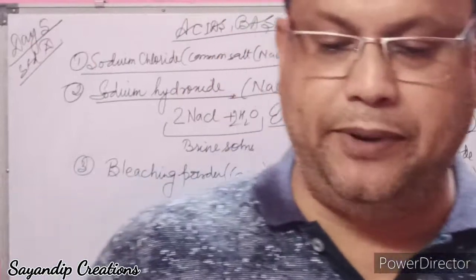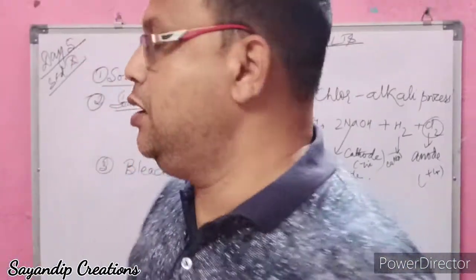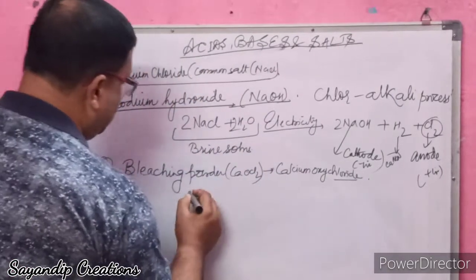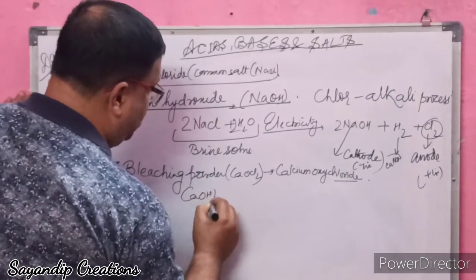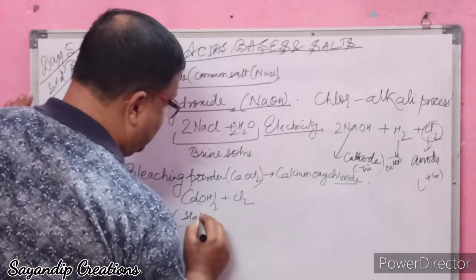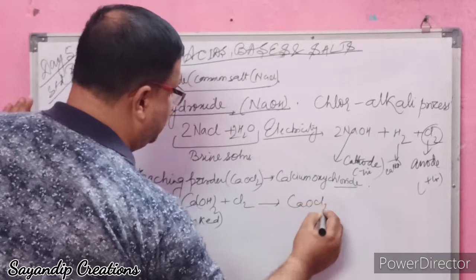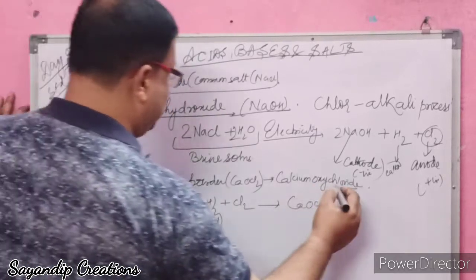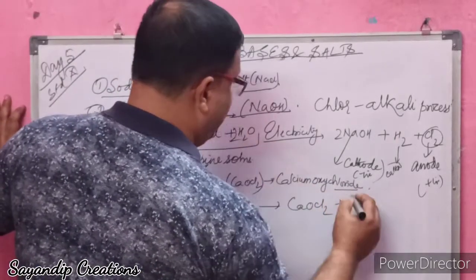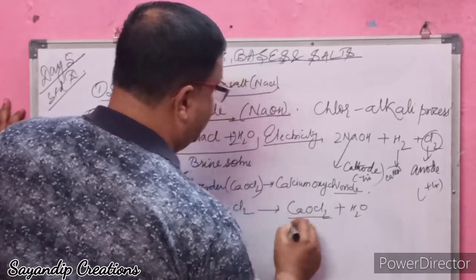It is prepared by passing chlorine gas over slaked lime. Ca(OH)2 plus Cl2. This is slaked lime. It forms CaOCl2 plus H2O. This is bleaching powder.